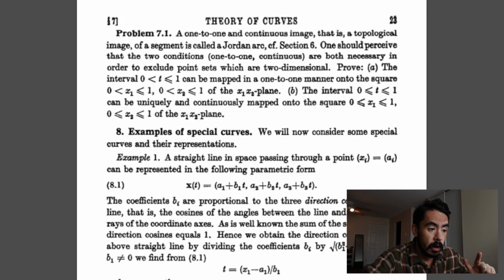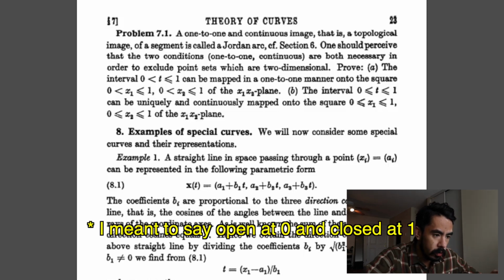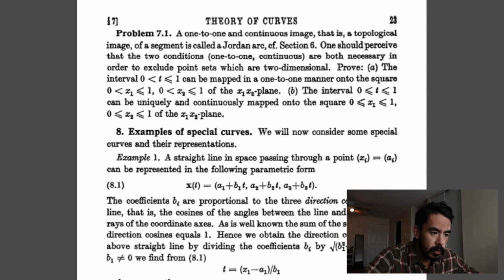The first part is: prove that the interval open at 0, closed at 1, and we'll call the interval variable t, can be mapped in a one-to-one manner onto the square, open at 0, closed at 1. We'll call this first dimension x1, where 1 is a subscript.